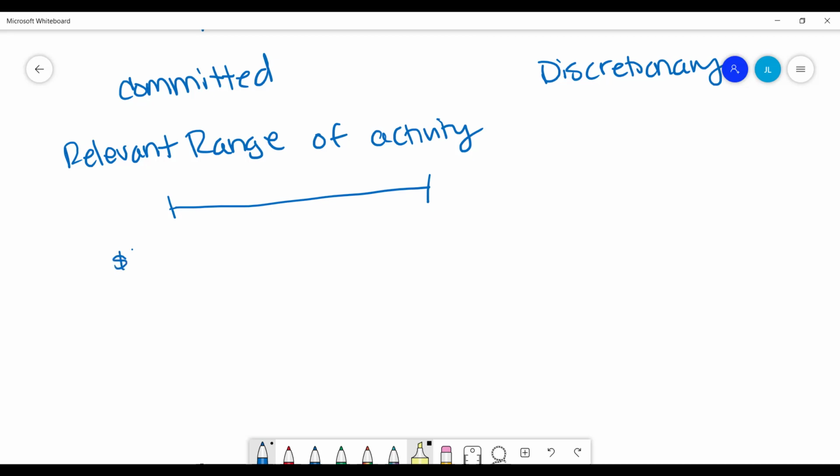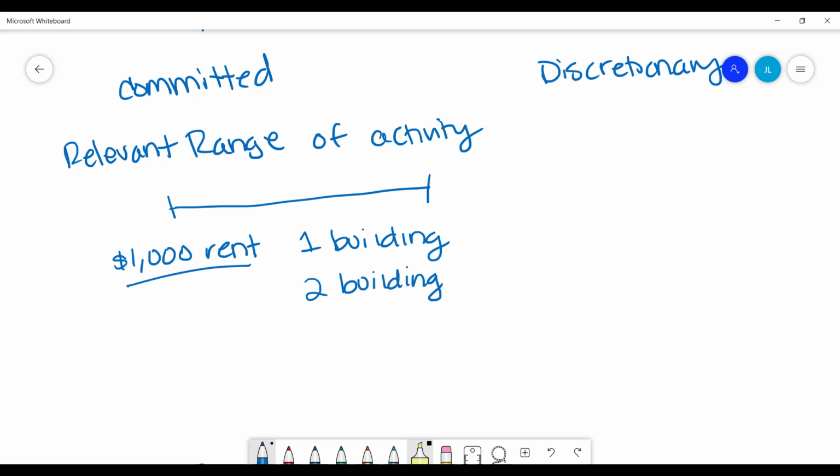So, for example, we talked about the $1,000 of rent to rent a space. Let's assume that's for one building, and that building is limited in its square footage. So we can say this fixed cost stays the same in total at $1,000, and it varies inversely as activity changes. But what happens when you have to rent a second building because you're making more and more product and you need to expand?